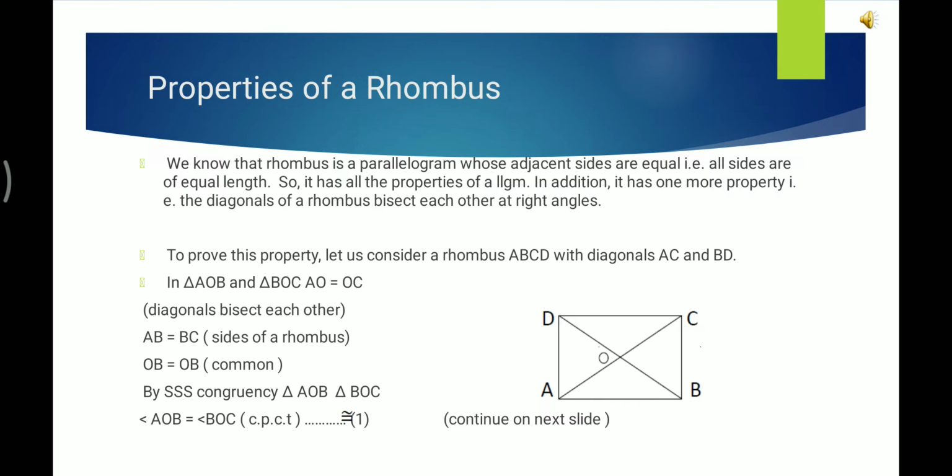But here, to prove this property, we need angle AOB is equal to angle BOC, by CPCT. CPCT means that corresponding parts of congruent triangles are equal. This question is continued on the next slide.